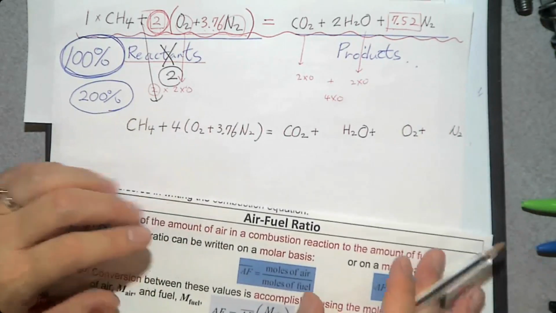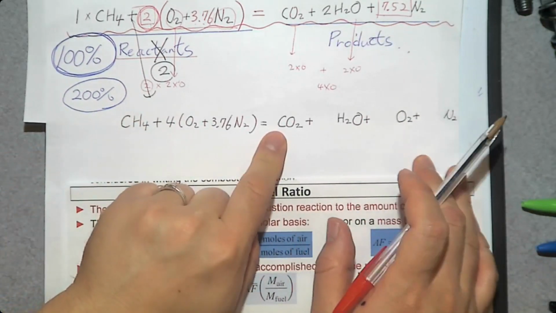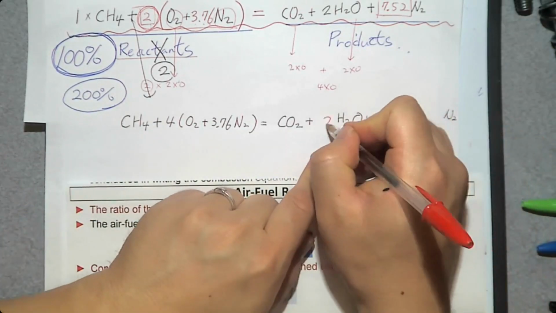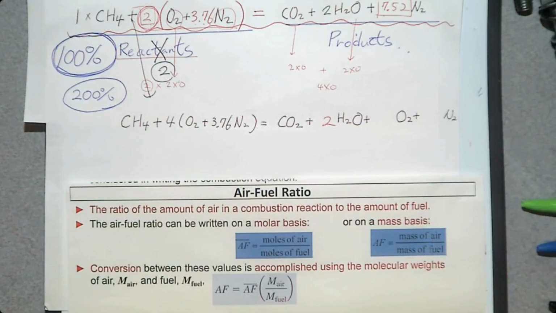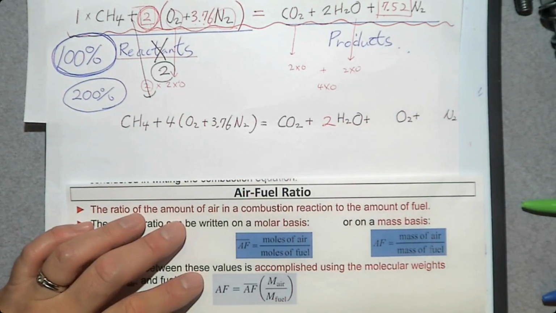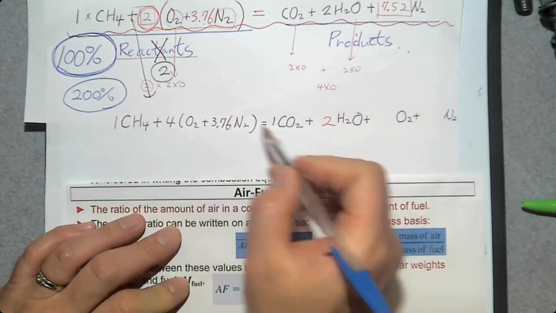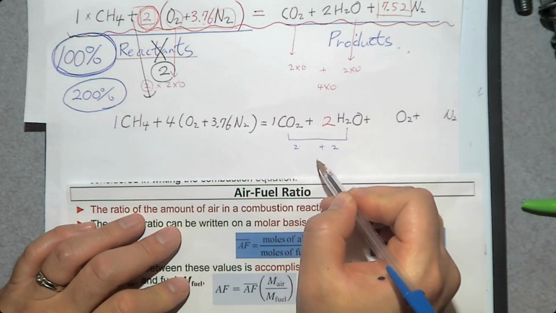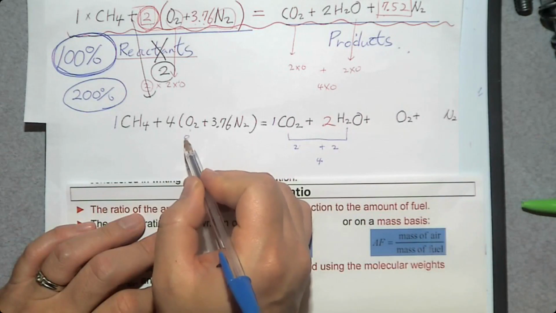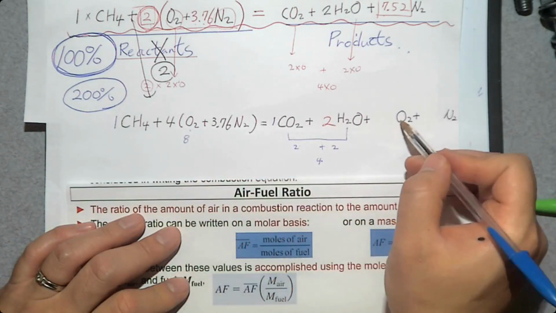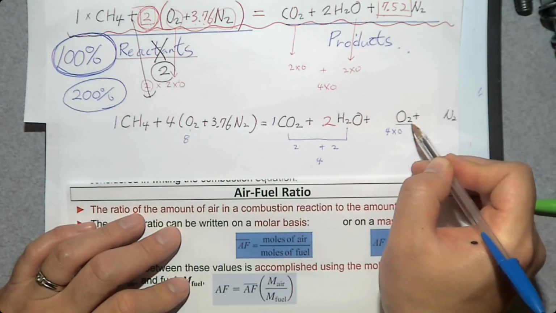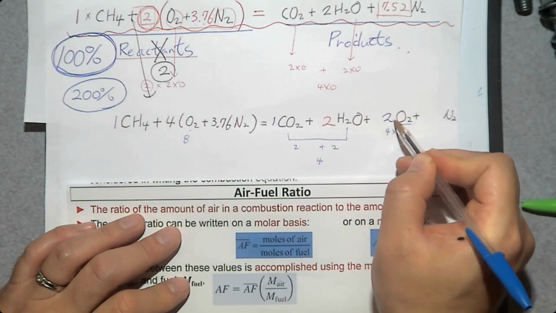Then we only have 1 carbon here, so 1 carbon dioxide. We have 4 hydrogens here, so we have 2 molecules of water. Then you have 1, 1. So how many oxygens here? 2 plus 2, it's 4, but we have 8, so 4 are left. So 4 oxygen atoms to be here, and each molecule of oxygen has 2 oxygen atoms, so 2 O2.